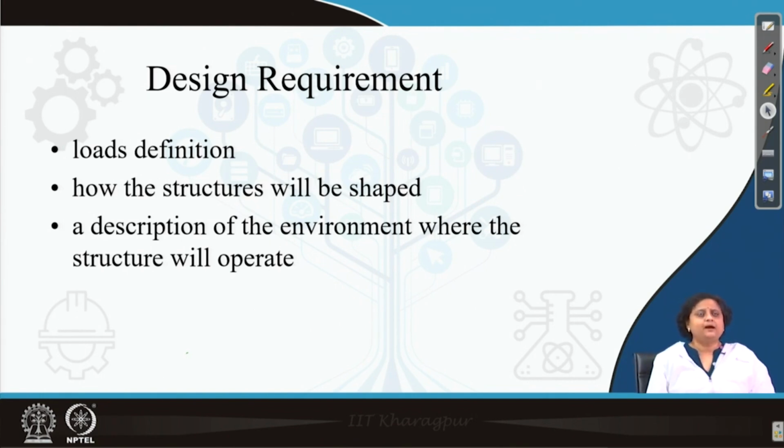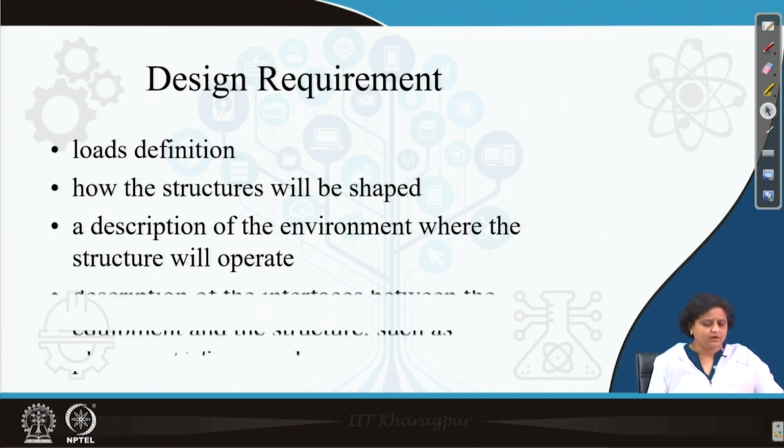Similarly, if we are building an aircraft which will be used in a very hot region like that of a desert, then we have to select the material accordingly. So, this requirement also needs to be understood, and this information needs to be provided to the structural group of the design team of the aircraft before the structural engineer can go ahead and design the aircraft structure.